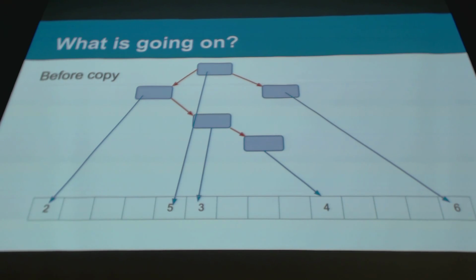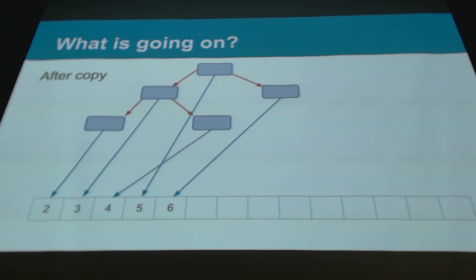So after we copy, the most likely thing that will happen is this, because we'll copy the things in the order of the map, and allocators like to put things that are near each other in the memory.